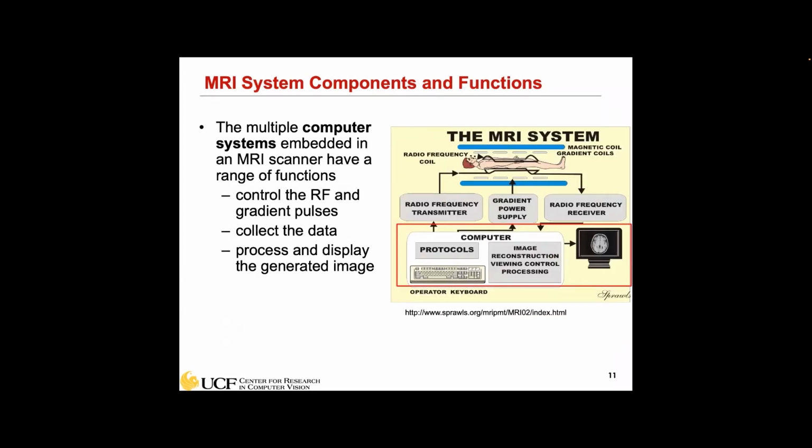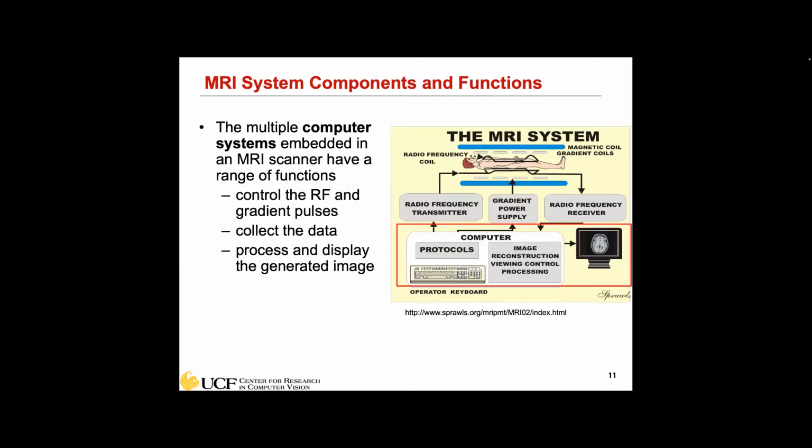We also have the computer system that is embedded in the MRI scanner, which has several functions. First is to control the radio frequency and the gradient pulses, and also collect the data, and process and display the generated images.